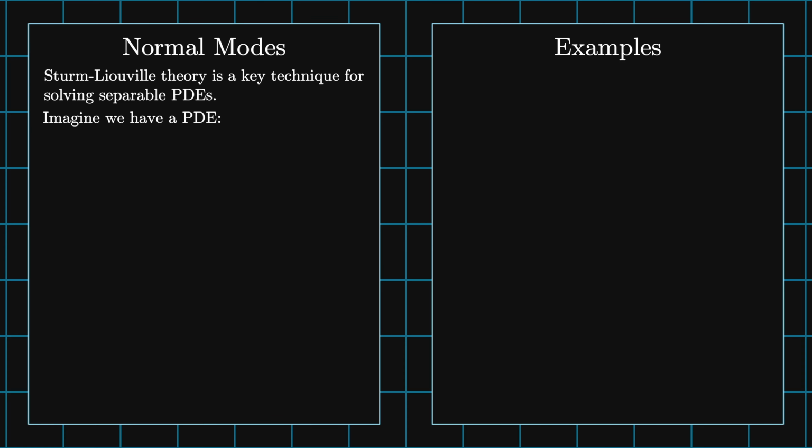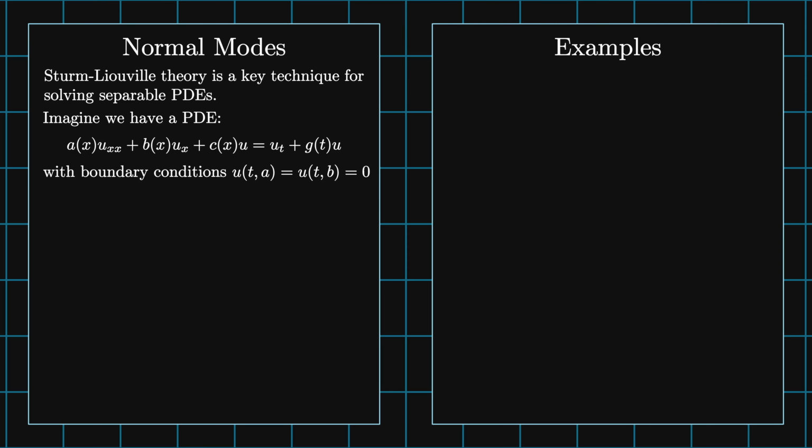Imagine we have a PDE, a of x times u_xx plus b of x times u_x plus c of x times u equals u_t plus g of t times u, with boundary conditions u of t and a equals u of t and b equals 0, and initial condition u of 0 and x equals f of x.